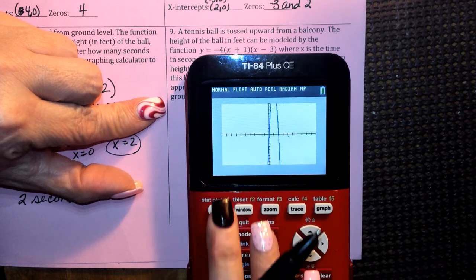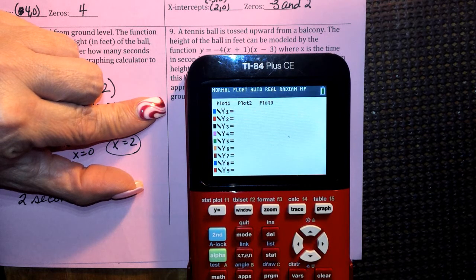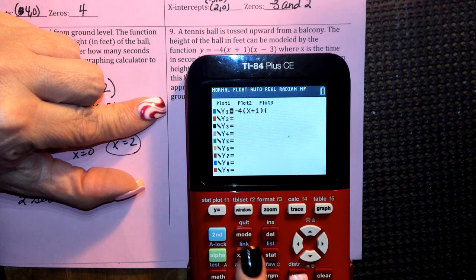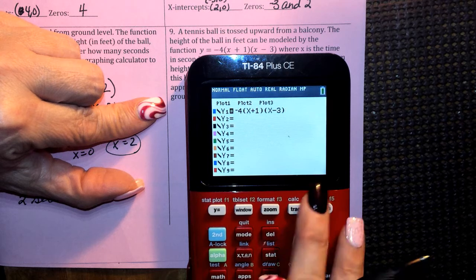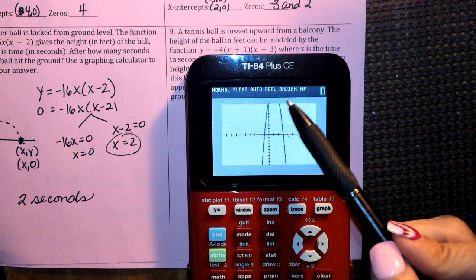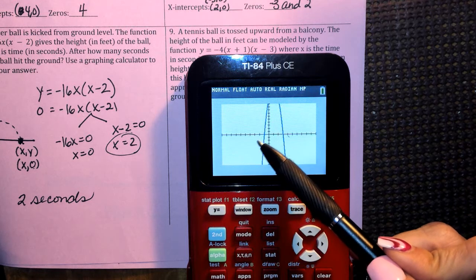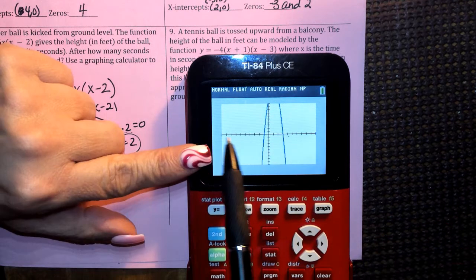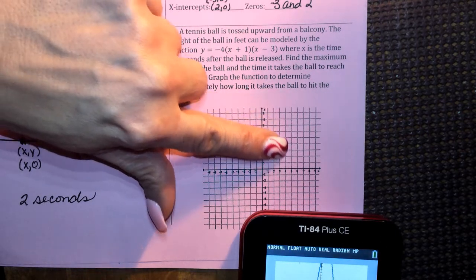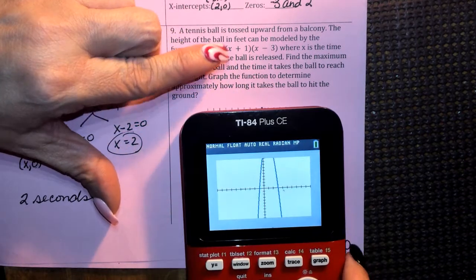Well, they didn't say we had to do anything on this one, really, so we're just going to plug it in our calculator. -4(x plus 1)(x minus 3). We're going to graph it. Remember, it's probably not going to be in the air super long. You notice how it's over here negative, and time can't be negative, and this is time. So you've got this balcony, you're up here, and you're tossing the ball. How long is it in the air?